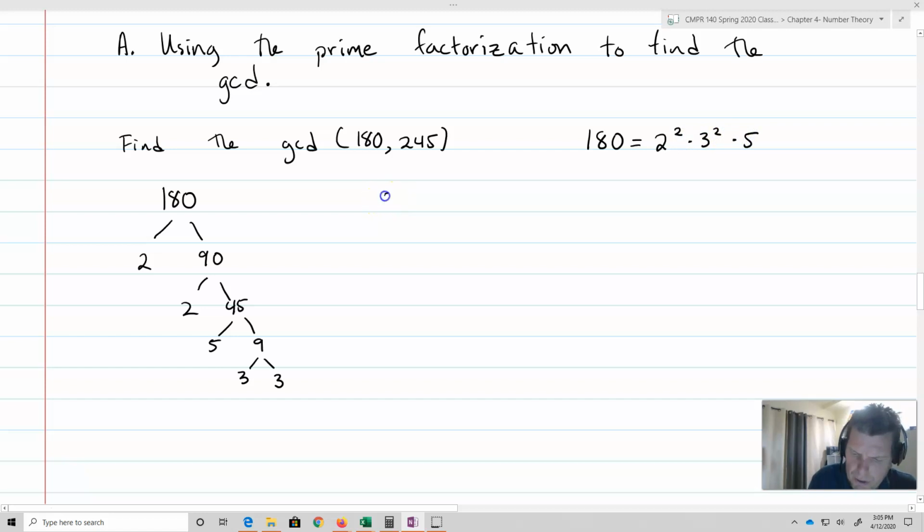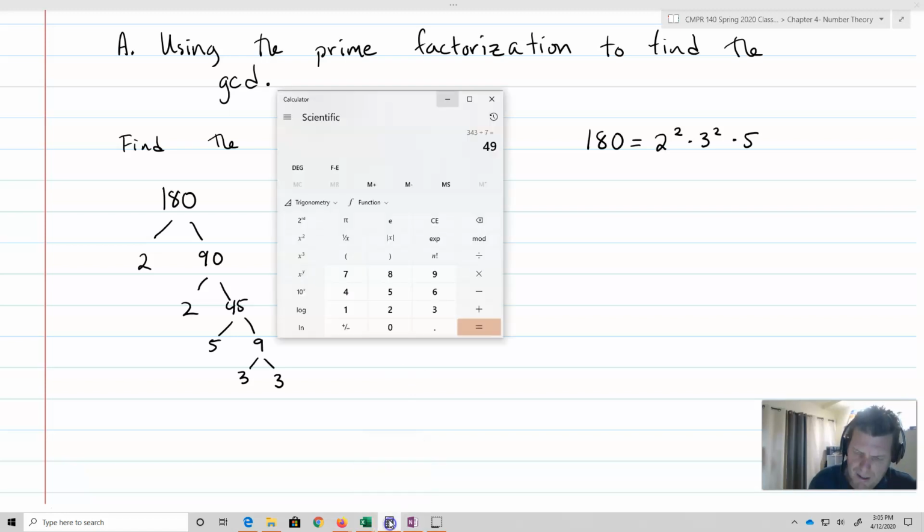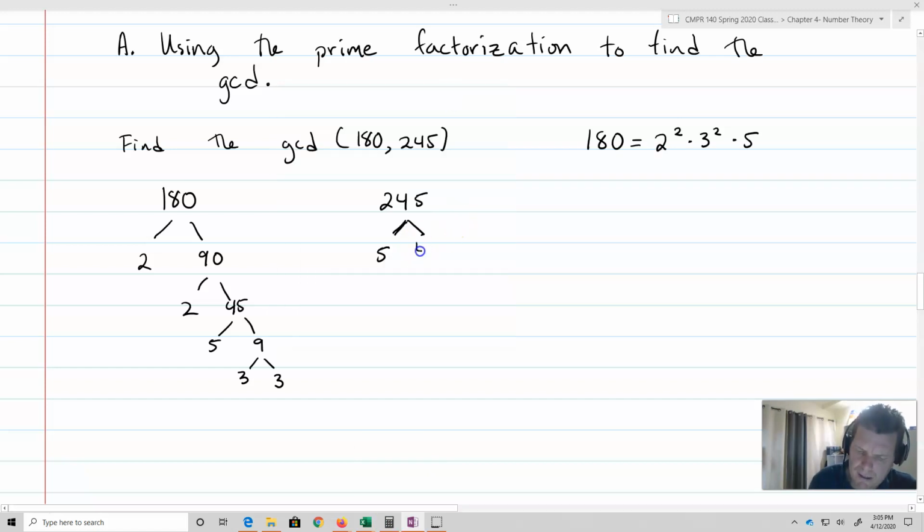Now 245 is not divisible by 2, but it is divisible by 5. So we'll take 245 and divide it by 5. It's 49. So 5 times 49, which is 5 times 7 times 7. And so 245 is equal to 5 times 7 squared.